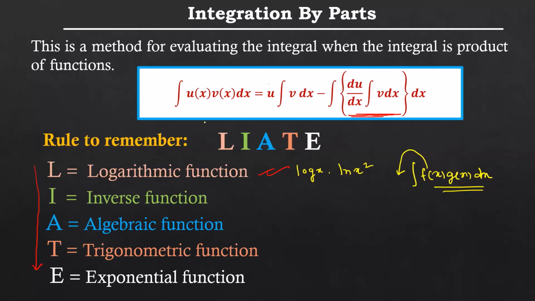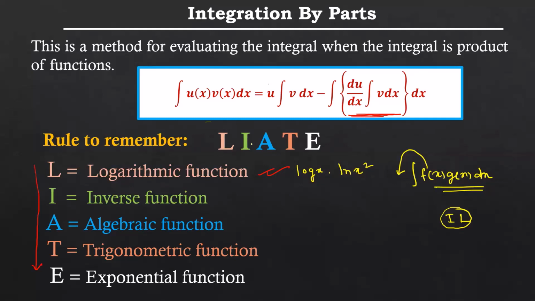Actually, somewhere it is written as LIATE, somewhere it is written as ILATE. Whenever I and L come together, there is no preference in this rule. They say in this type, if an inverse or logarithmic term comes, then take that outside, then if an algebraic term comes, take it outside, then T. But here we consider the two terms in a different way: we take the L term outside first, and then the I term. Some authors take ILATE, some take LIATE.